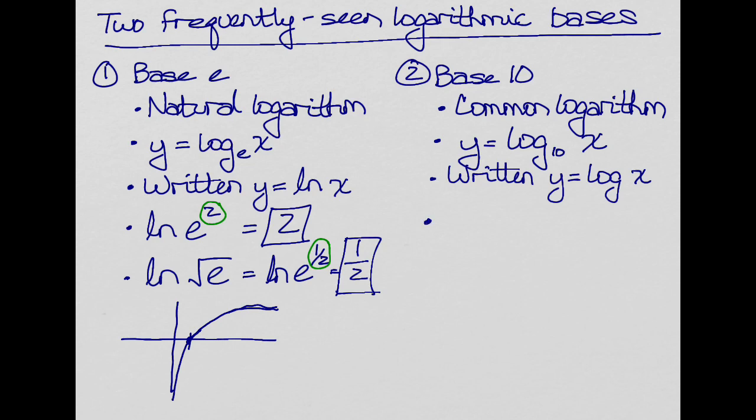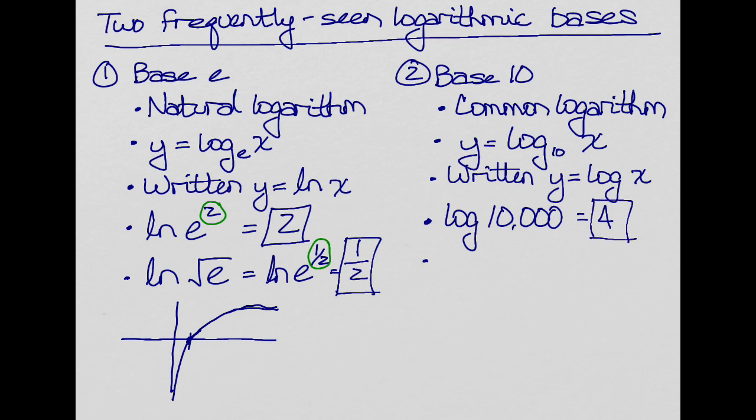If I want to know what's the common log of, say, 10,000, 10 to what power gives me 10,000? Count the zeros. 10 to the fourth power is 10,000.